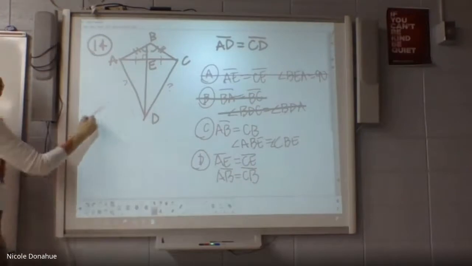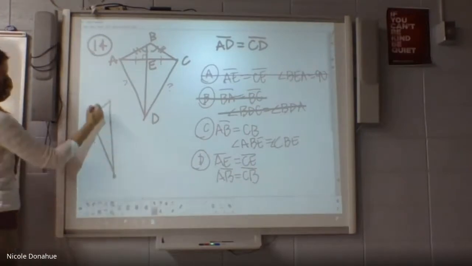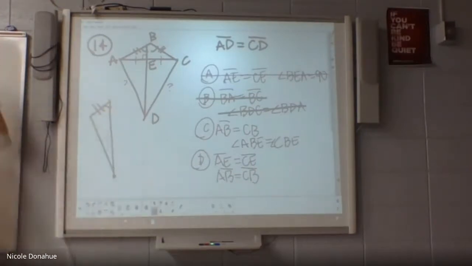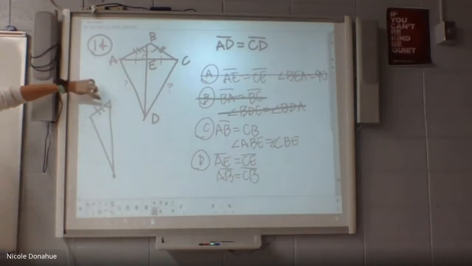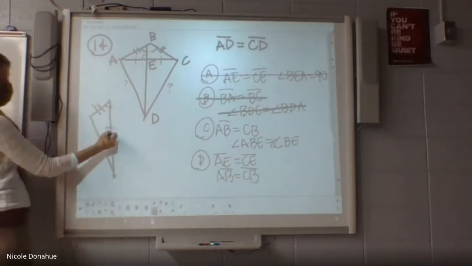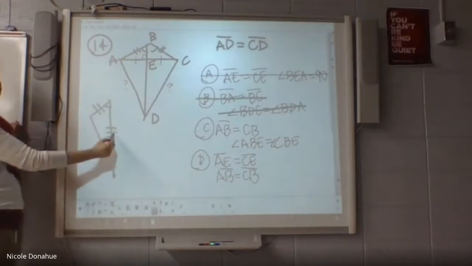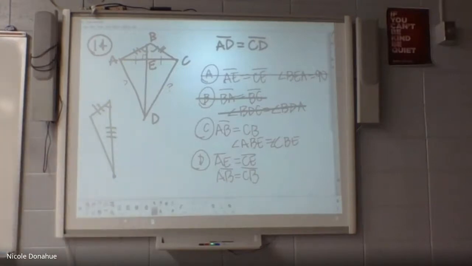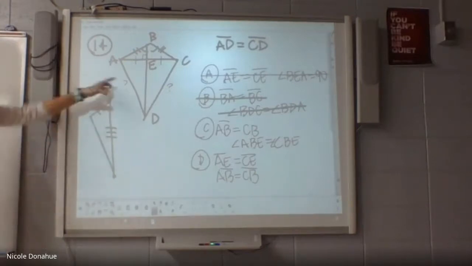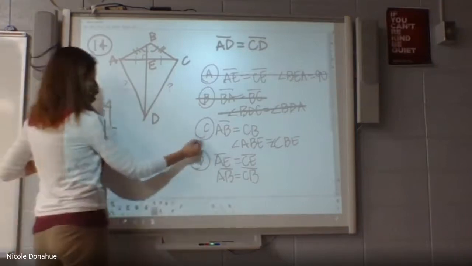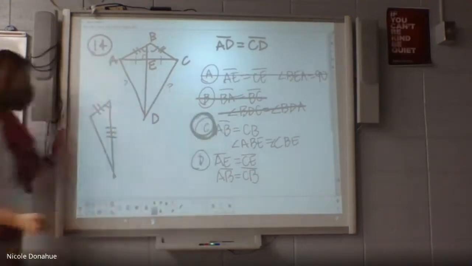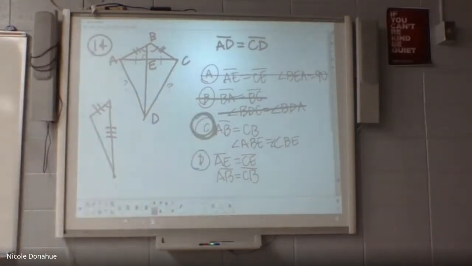So now, just changing that little bit, we have this top angle, this side, and the shared side in the middle. This time we have side angle side, so I think this one's going to be okay. We can prove these triangles are congruent by side angle side, and then by CPCTC, we can figure out that. So I think it is C.